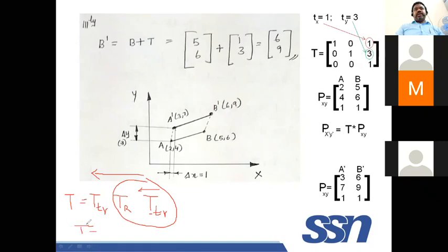So this t, you have to substitute in this expression and do the multiplication from left to right. Once you find this resultant transformation matrix, you substitute this value here, and here multiplication is left to right.